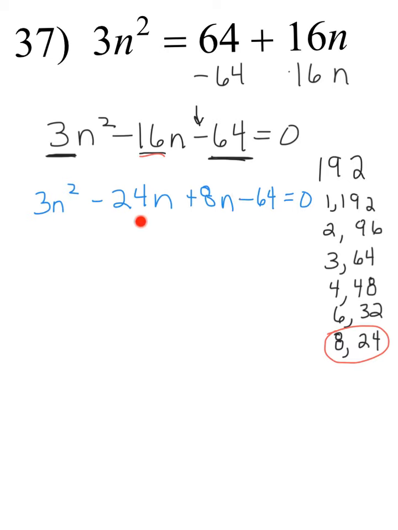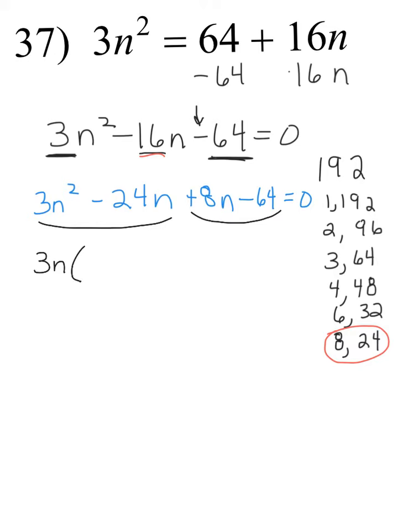So now I can group these two terms together, and I can group these two terms together, and I can factor something out of each of those two terms. So let me do that real quick. So these two terms we're going to keep together, and these two terms. So when we look at 3n squared minus 24n, we can factor out a 3n.